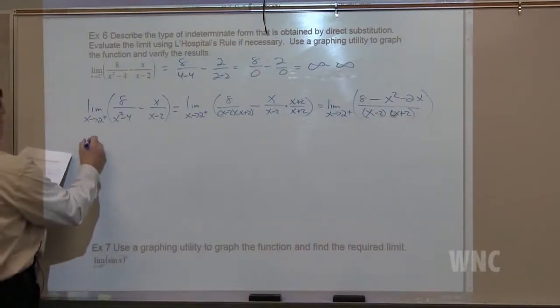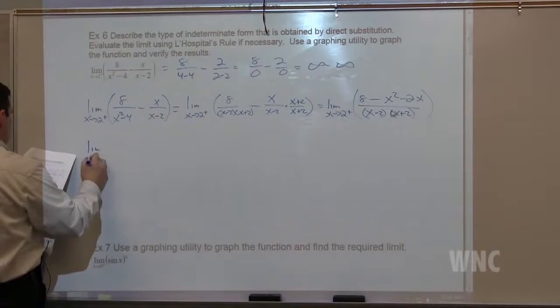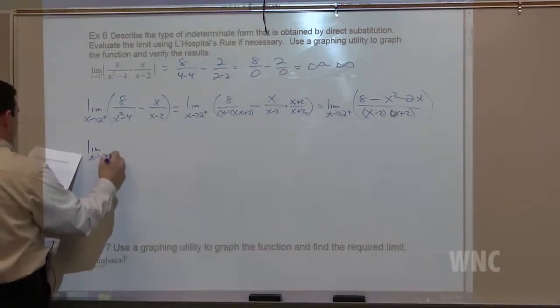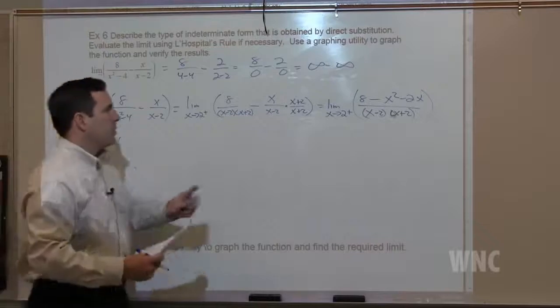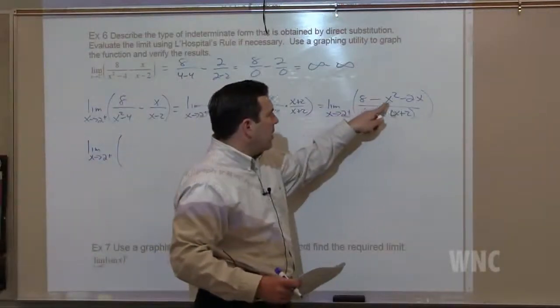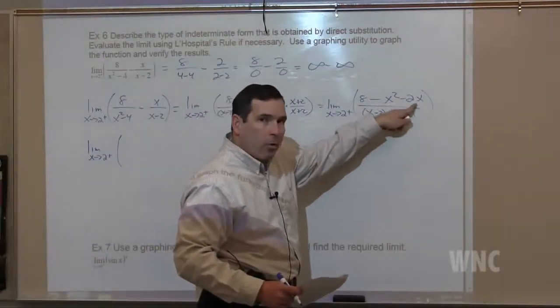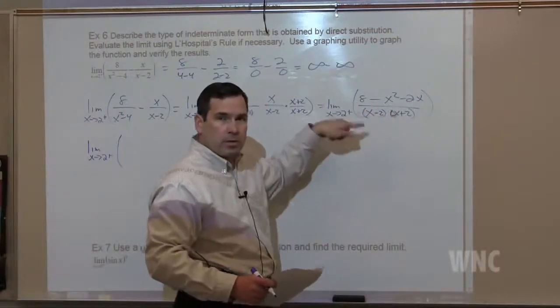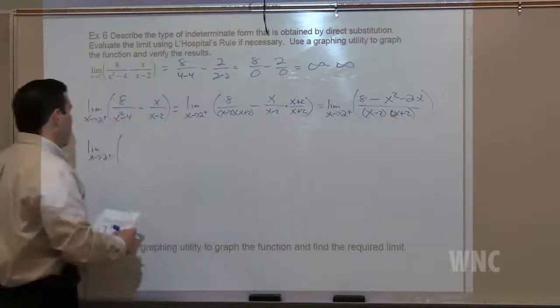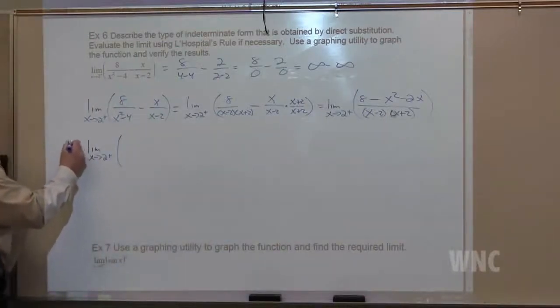So that's going to be the limit as x goes to 2 from the right side of what? Well, right now if I put this 2 in here, 8 minus 4 is 0. 2 minus 2 is 0. So I have 0 over 0. L'Hopital's rule applies. So I'm going to apply L'Hopital's rule.